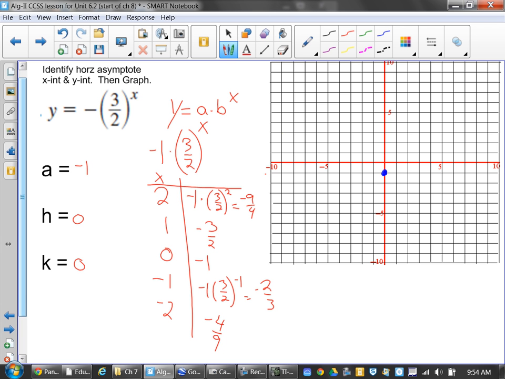At 1, it's at -1.5. At 2, 9/4 is a little bit more than 2, correct? Up here. And then it's going to -2/3. More nice. This graph is just going the other direction.